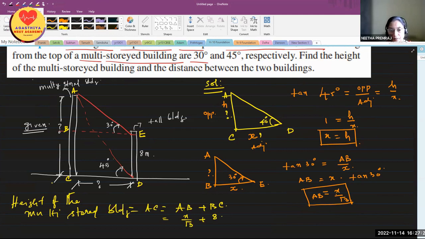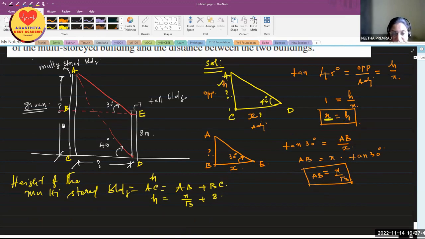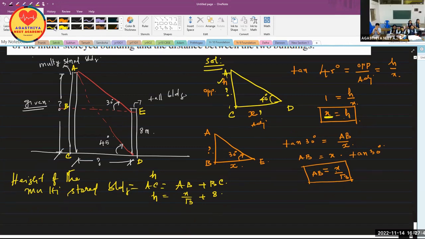And one more thing we have found: AC, we kept it as H, isn't it? So H is again equal to X. So you can replace H with X. So X is equal to X by root 3 plus 8.